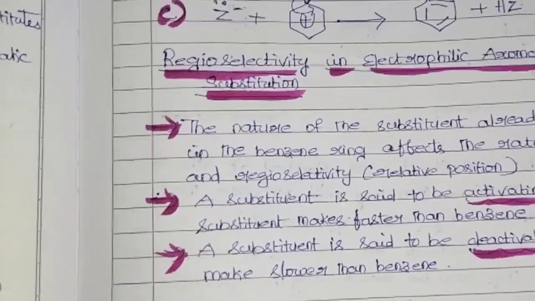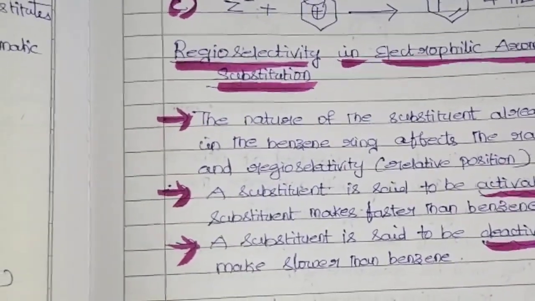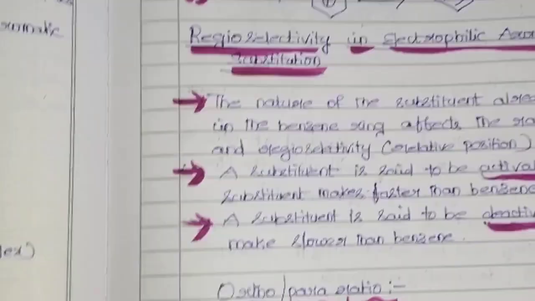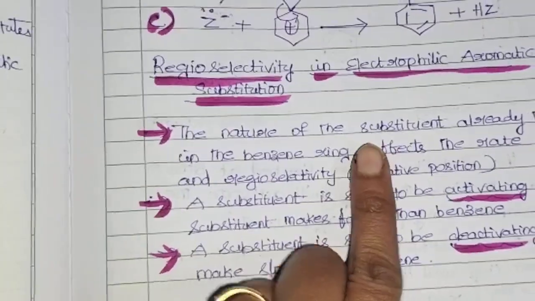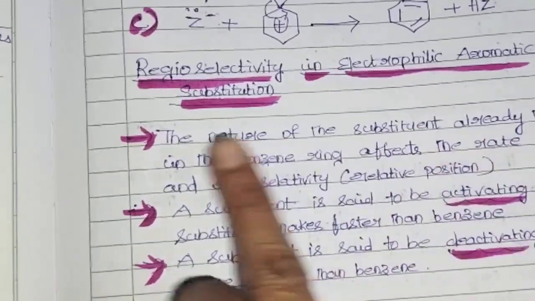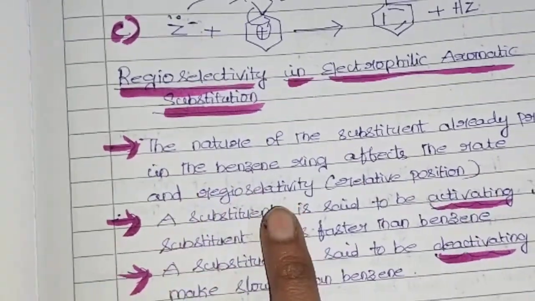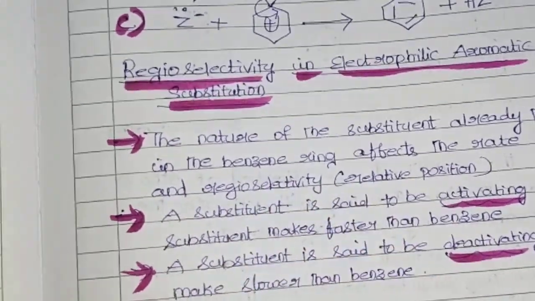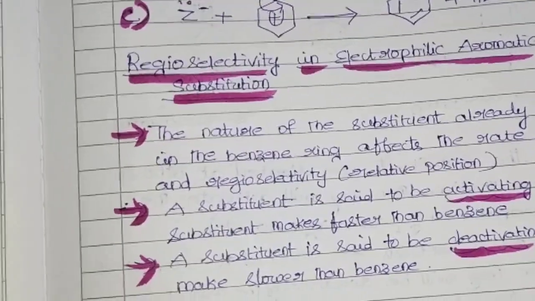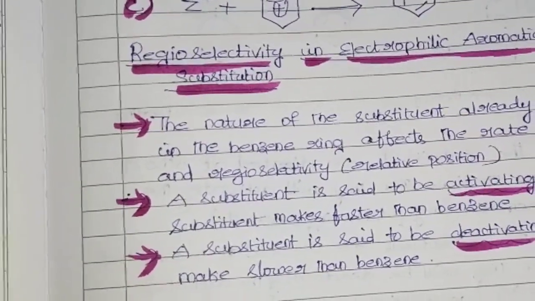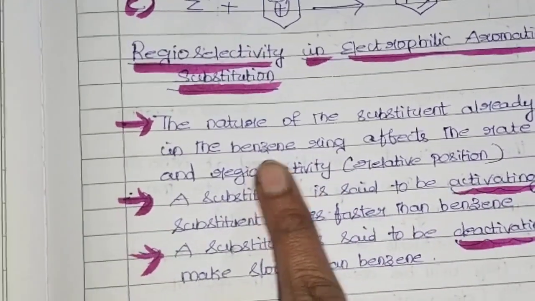It depends on the region where the electrophile attacks. For example, the nature of the substituent already present in the benzene ring affects the rate and regioselectivity. Regioselectivity means the position of the substituent group.